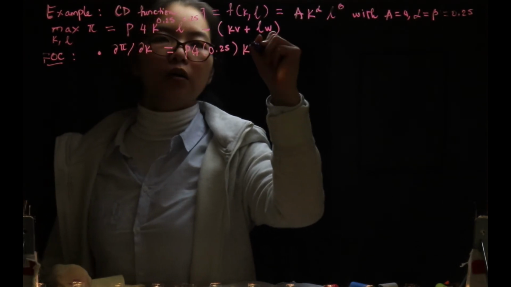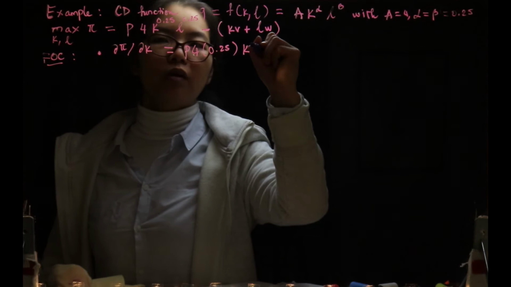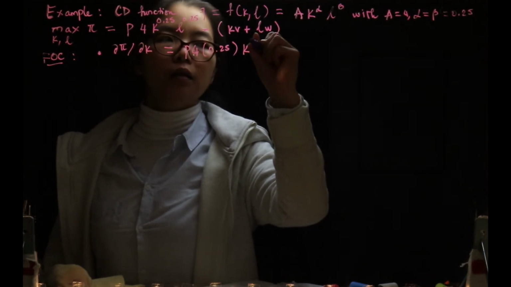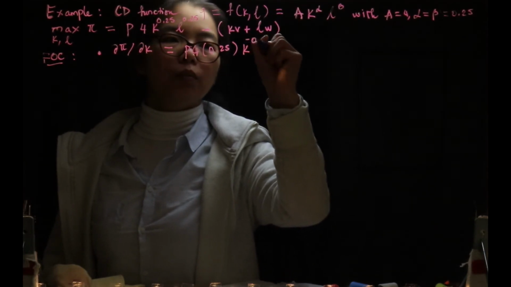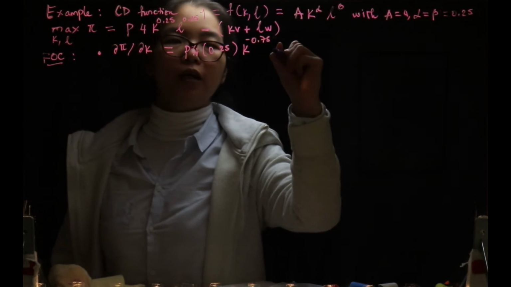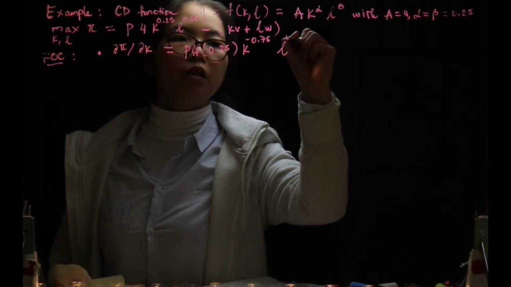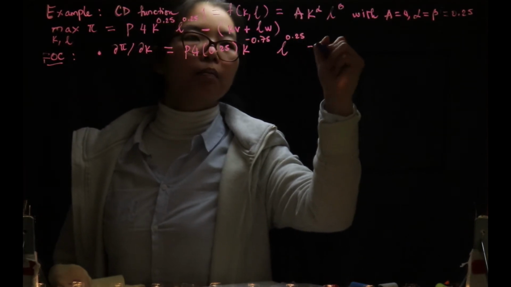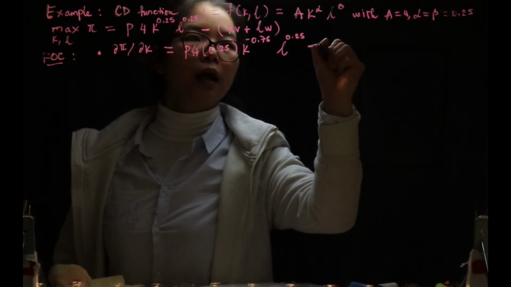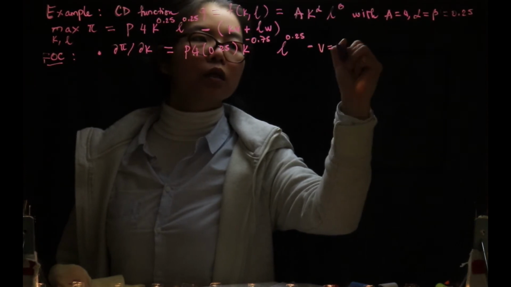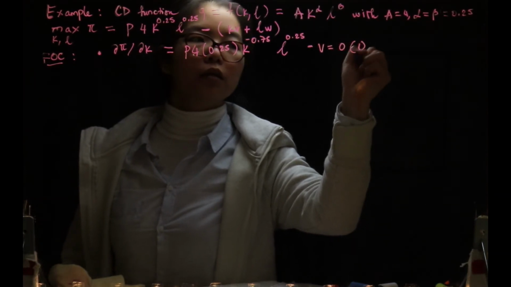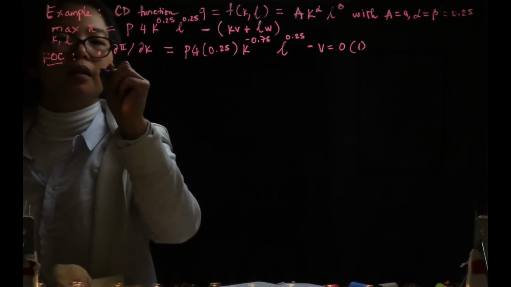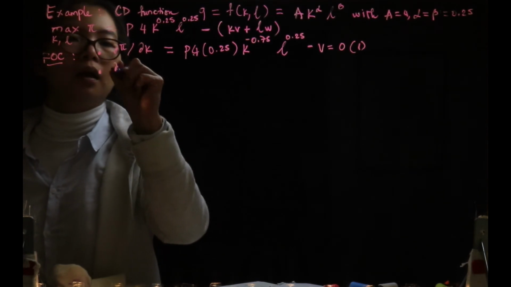K to the power of 0.25 minus 1 is minus 0.75, right? And L to the power of 0.25 stays the same, minus V equals 0. This is the first equation. Now the second one.